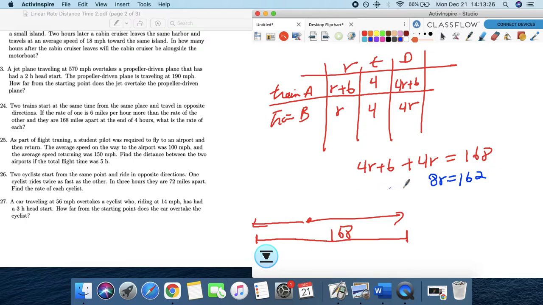Divide both sides by 8, and r equals 162 divided by 8, 20.25. So one train was traveling at 20.25 miles per hour, and the other one was traveling at 26.25 miles an hour. Easy enough.